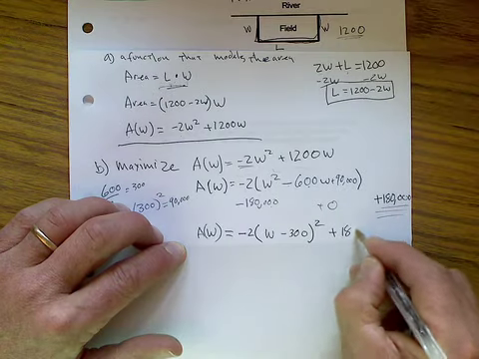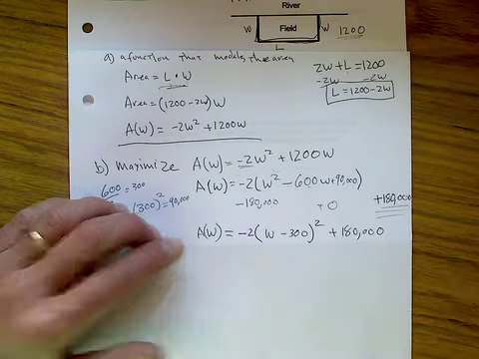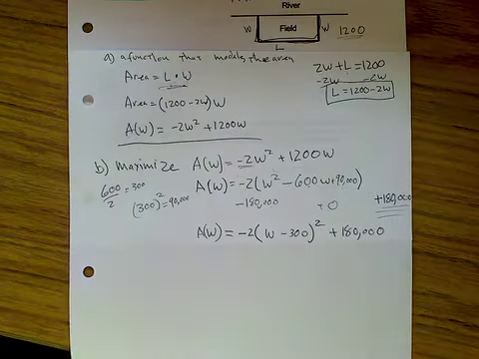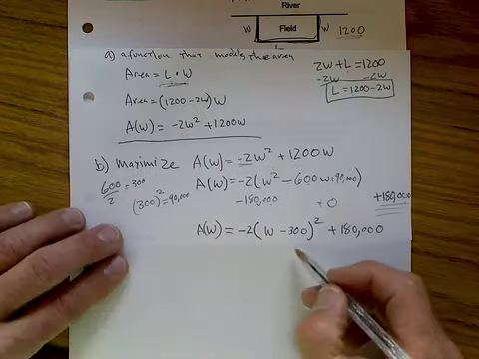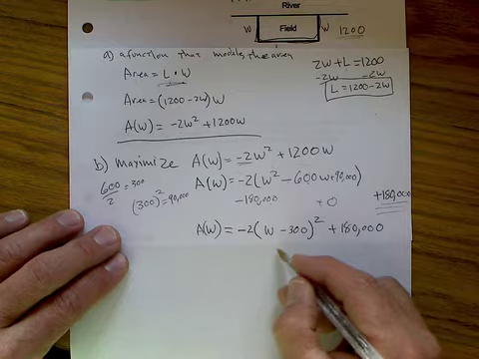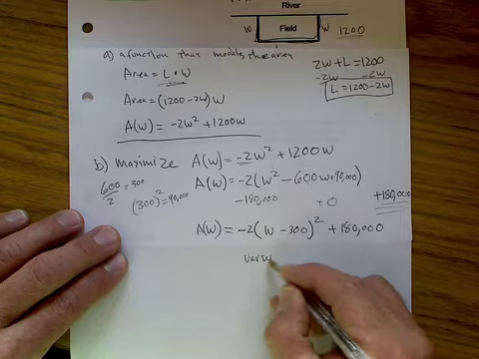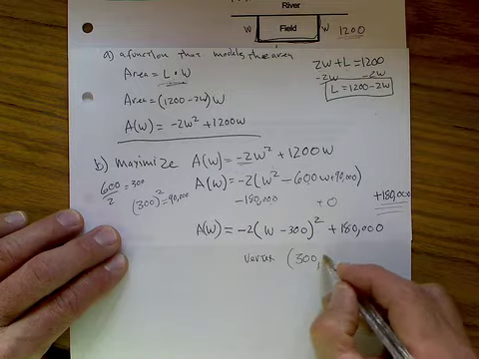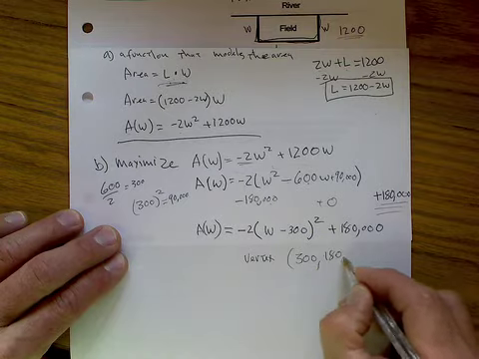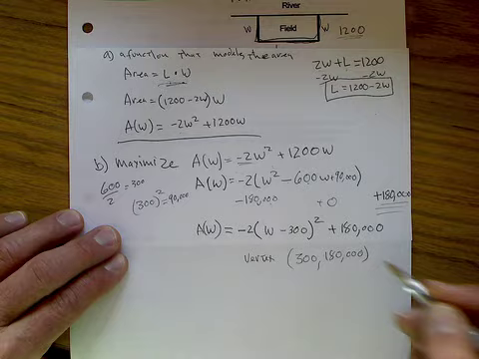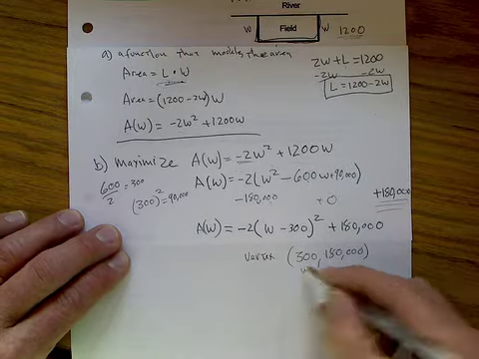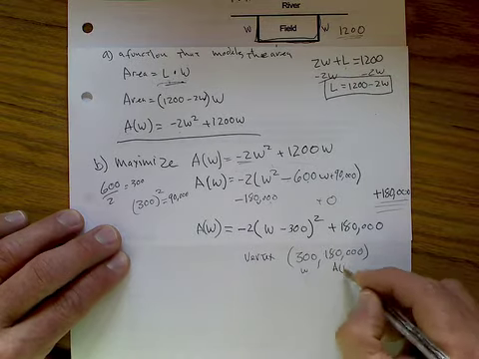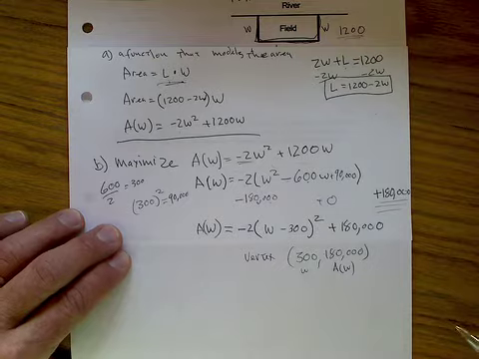And I've got this. So, in other words, the vertex of my equation is the point 300 and 180,000. Now remember, this is the width, and this is the area given that width.